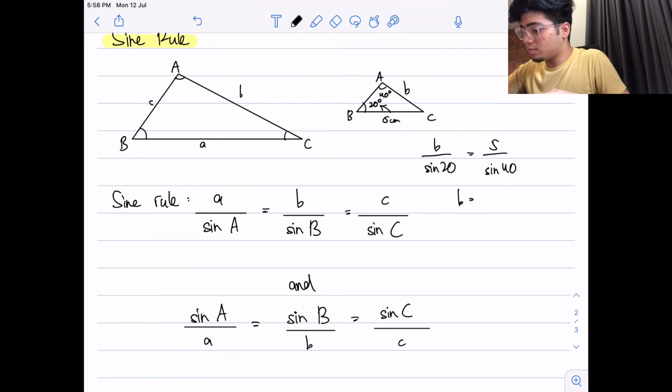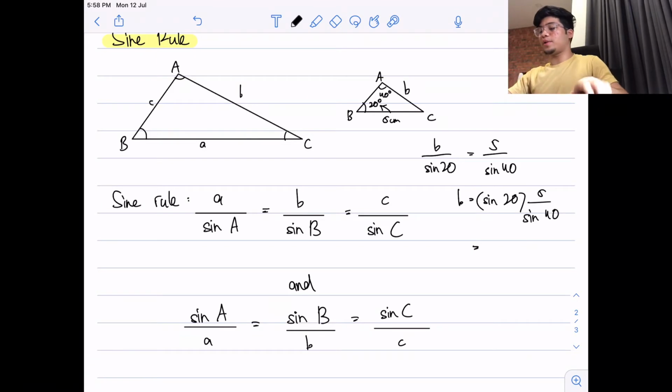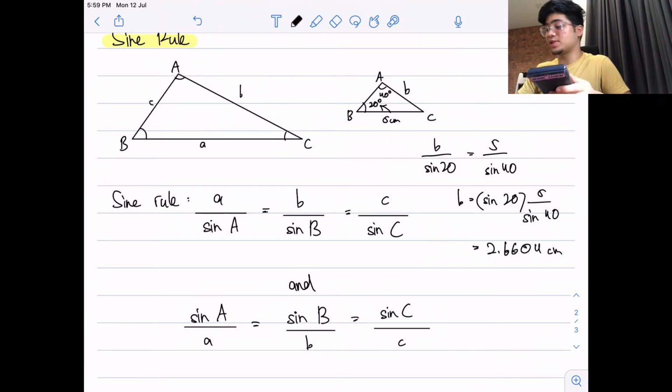So that means b will be equal to sine 20 times 5 over sine 40. So if I punch this into the calculator, 5 divided by sine 40 times sine 20, I would get 2.6604 centimeters. Always give your answers in 4 decimal places.